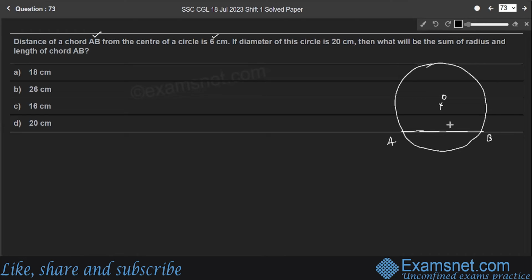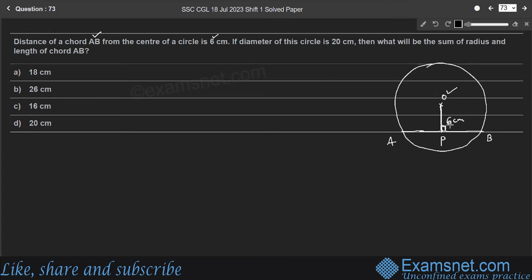So the distance from O to the chord is 6 centimeter. This line is nothing but the perpendicular bisector of chord AB. We'll consider the point P as the point where the line from the center of the circle touches the chord perpendicularly.